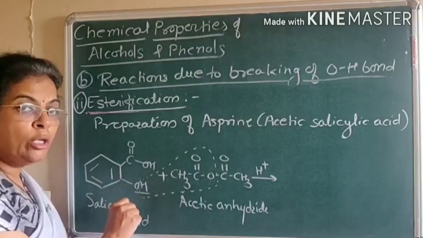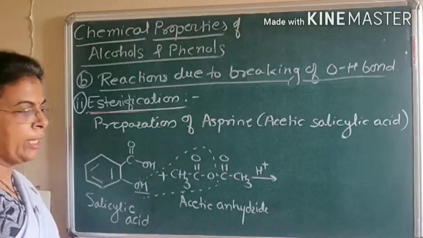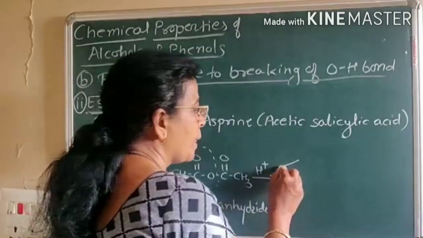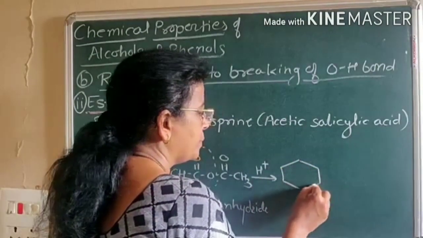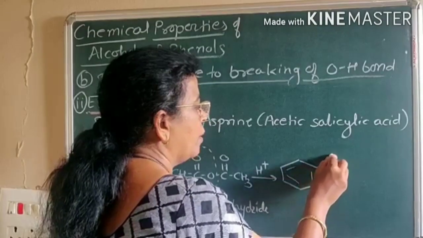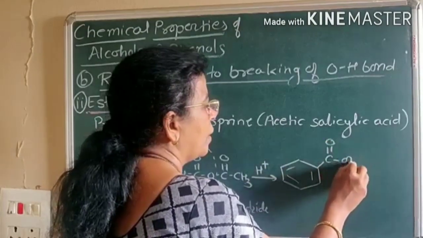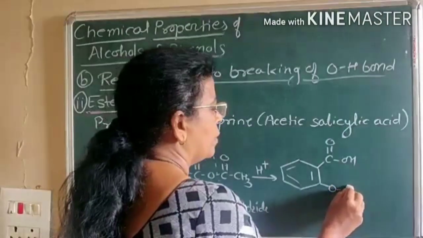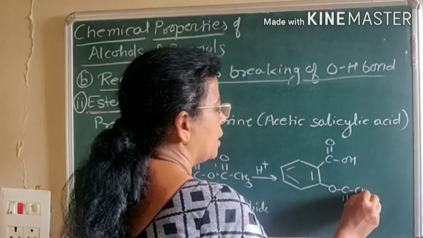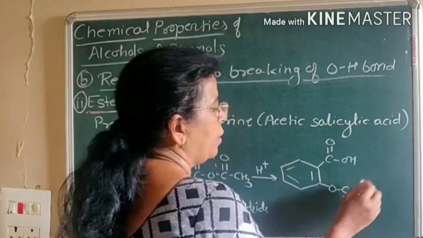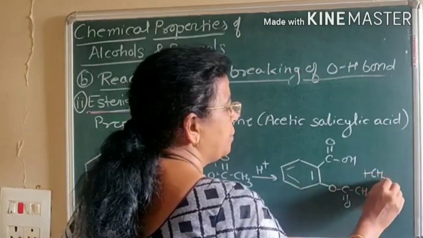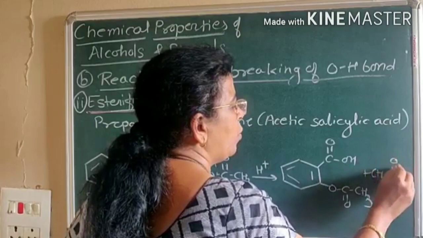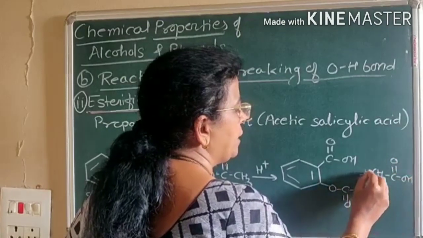That is, acetylation of this hydroxy group is carried out to form this compound plus CH3 C double bond OH. This is acetic acid.